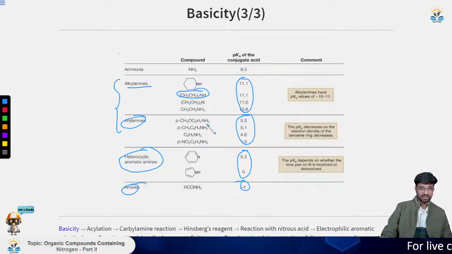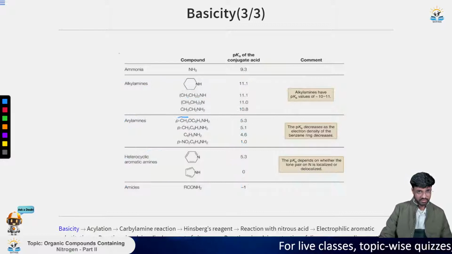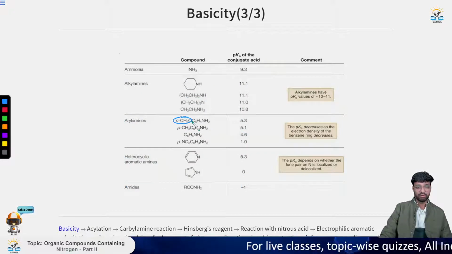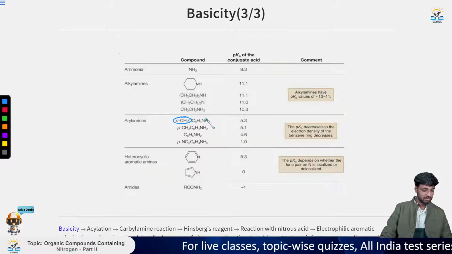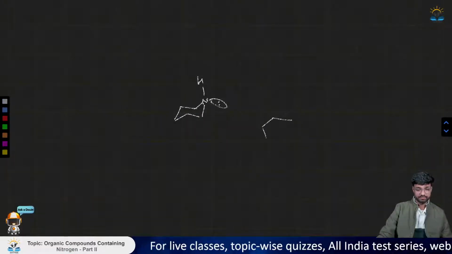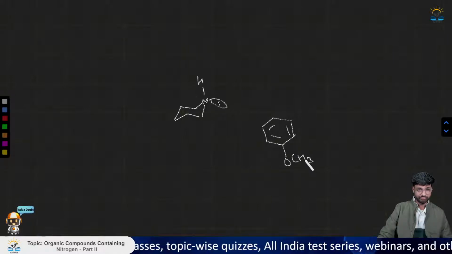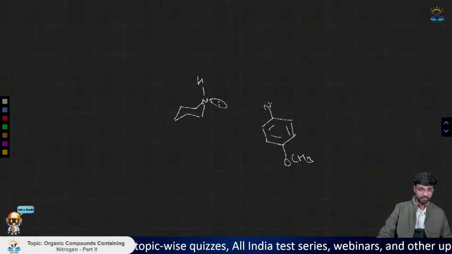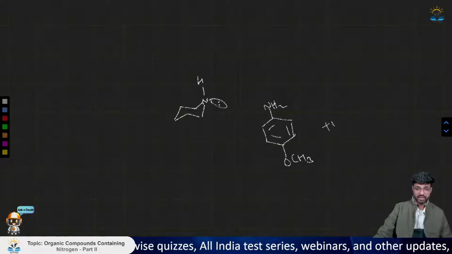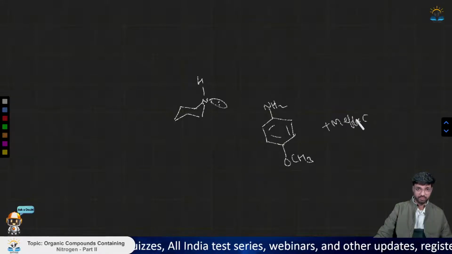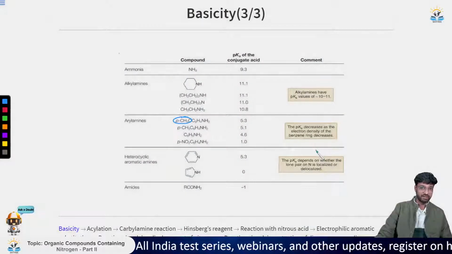Now if you consider these 4 that are present, first the OCH3 substituted aniline. This OCH3 group is present in para, so it will donate its electrons by the plus M effect, because this group is also para directing.